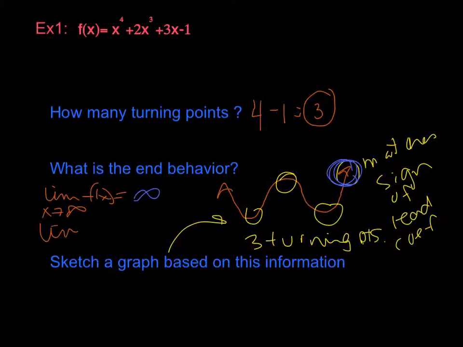Your limit of your function as x approaches negative infinity, you can see equals positive infinity also. And then there's your sketch. I kind of did the sketch first, and then it's easier to do the end behavior from that afterwards. And in a second, you will see when it's even, they're both going to be up or both going to be down. If it's odd, they're going to go in opposite directions.